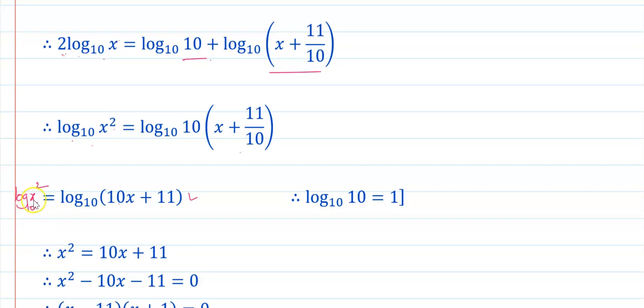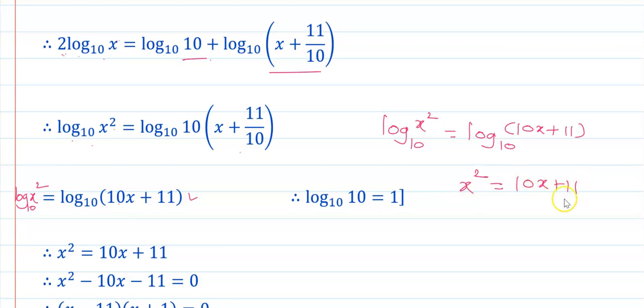Therefore, here we have two logs: log of x square to the base 10 is equal to log of in bracket 10x plus 11 to the base 10, and hence you will get x square is equal to 10x plus 11.